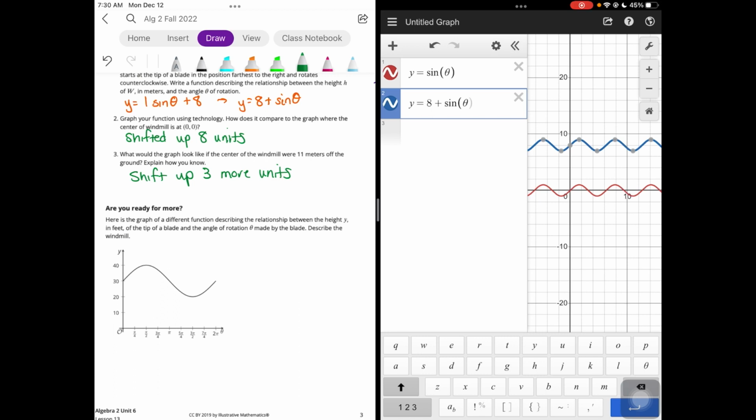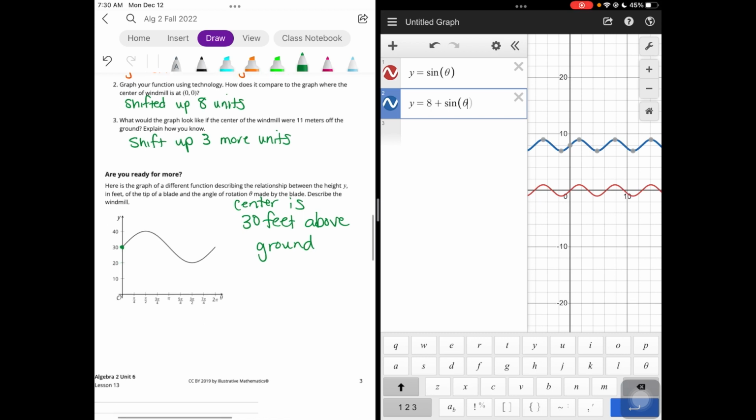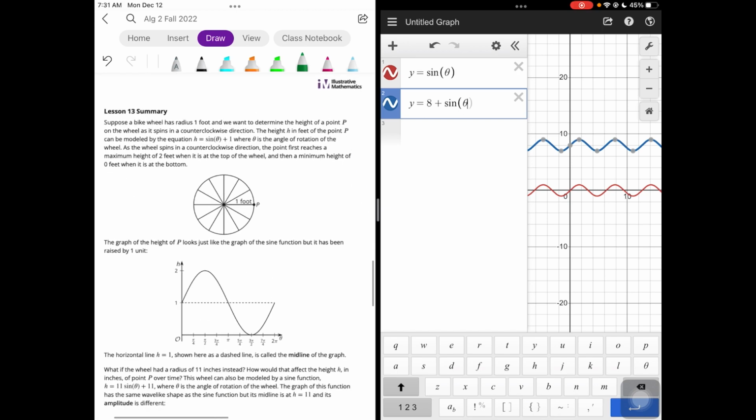And in this case, since that starting point is 30, it is 30 feet above the ground, the center. So the center is 30 feet above the ground, because that one's just been shifted up 30 units instead of 8 or 11 like the previous one. All right, and then you have your summary if you want to take a look at that.